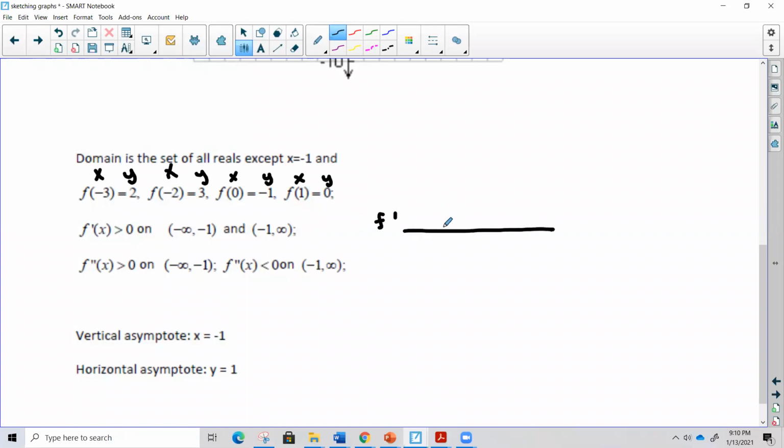So they said f prime of x from negative infinity to -1, my first derivative is positive, and also from -1 to infinity, it's still positive. So my function is increasing the whole time. But remember, -1 doesn't exist, which is why it's this point. This point is undefined, on my number line for f prime. And then it says f double prime of x.